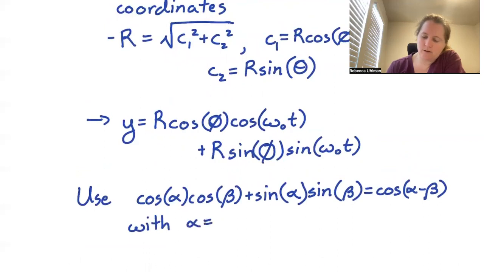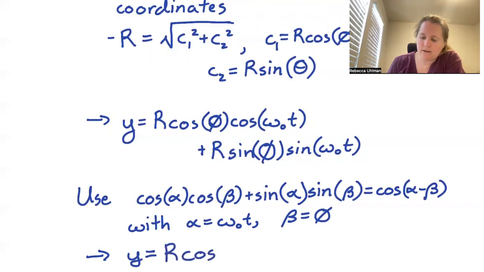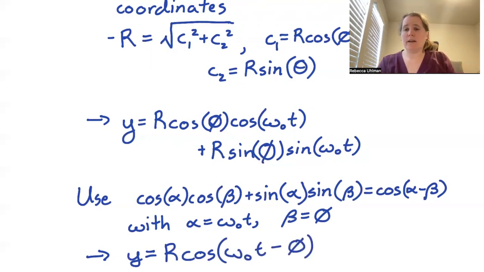And so what we wind up getting is that y is just r cosine of omega naught t minus phi. So it's much easier to analyze a trig function if we just have one trig function. We can easily analyze this for frequency, amplitude, period, etc. So that's what we will be doing.